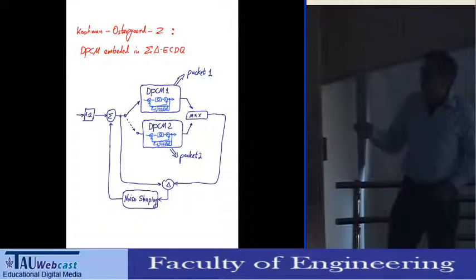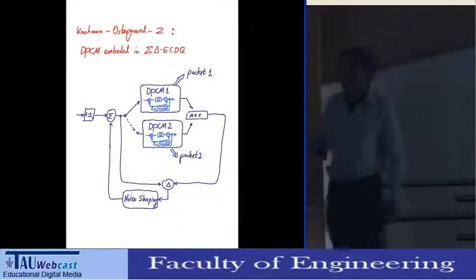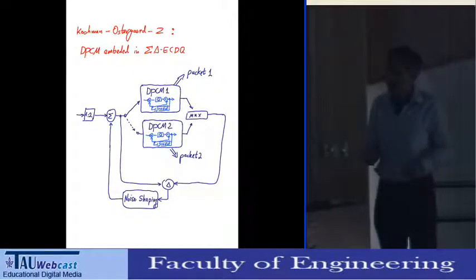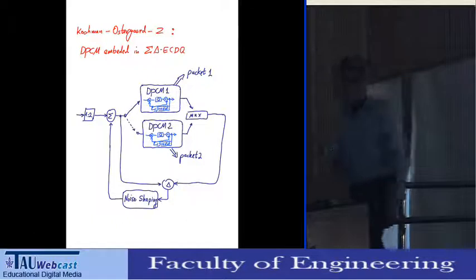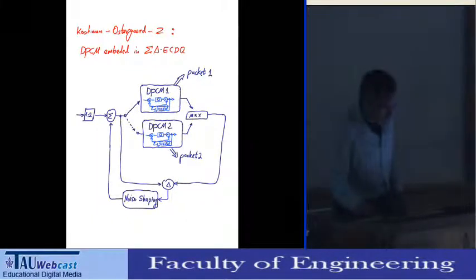And it turns out that if you are using DPCM in the right way, with two loops of DPCM, each one responsible for each one of the packets, then you can approach as close as you like the performance promised by information theory for encoding a Gaussian source under mean square distortion, and the source can be with general spectrum, not necessarily a white source. So this is the approach to the memory problem.